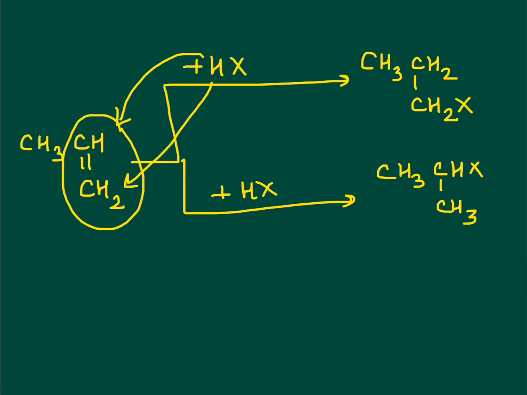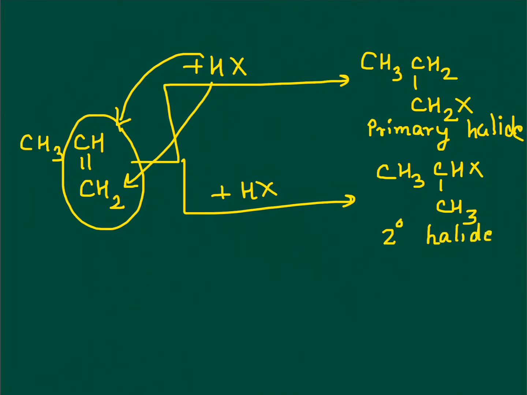No. This is a primary alkyl halide, right? Where the halogen is attached to the first carbon, which is attached to only one other carbon atom. So this is a primary halogen derivative. On the other hand, see the second case, this is a secondary or a 2-degree halide.